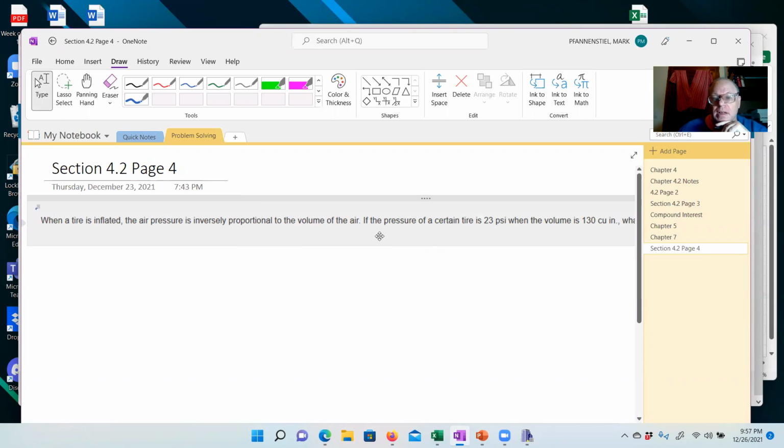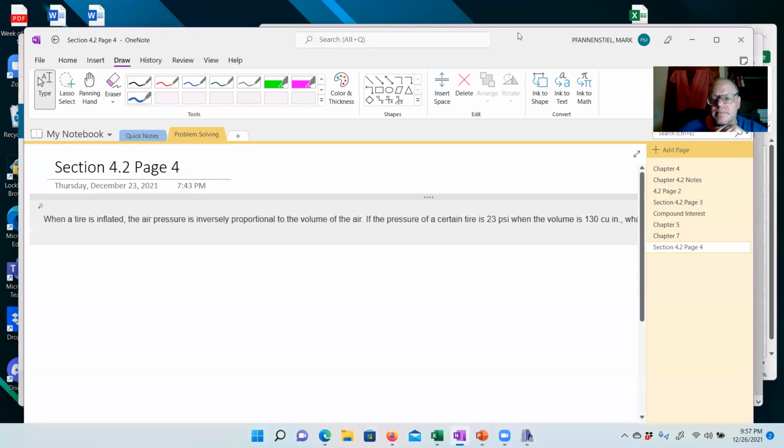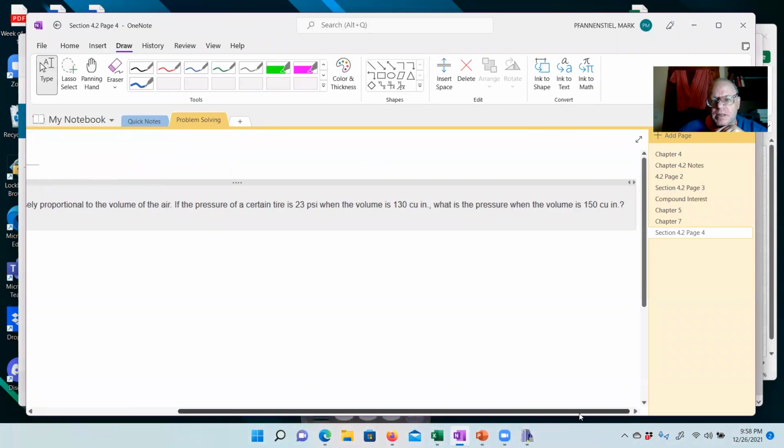If the pressure of the tire is 23 PSI, pounds per square inch, then the volume is 130 cubic inches. What is the pressure when the volume is 150 cubic inches?